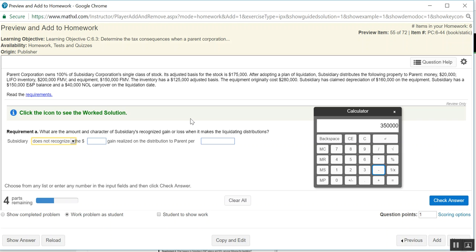The basis of the inventory is 125,000. And then we also subtract the basis of the equipment, which is the 280,000 original cost basis minus accumulated depreciation of 160,000.